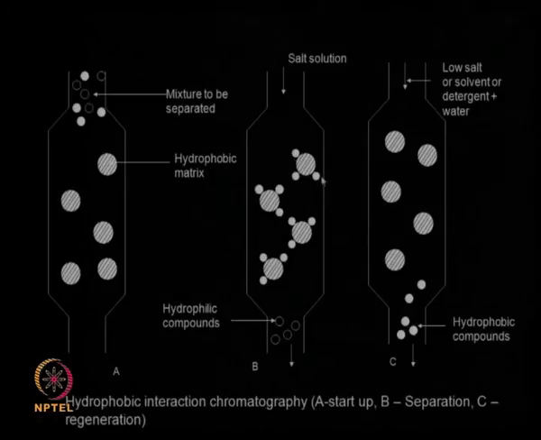Hydrophobic proteins get attached to hydrophobic matrices, whereas hydrophilic proteins or compounds leave fast. So from a mixture of hydrophobic and hydrophilic, the hydrophilic components or proteins come out fast, and the hydrophobic proteins or components are retained.